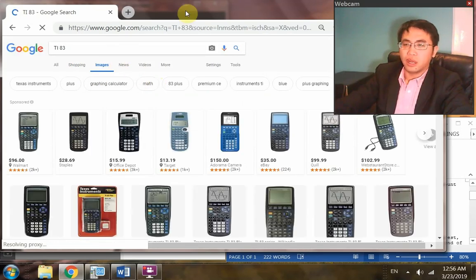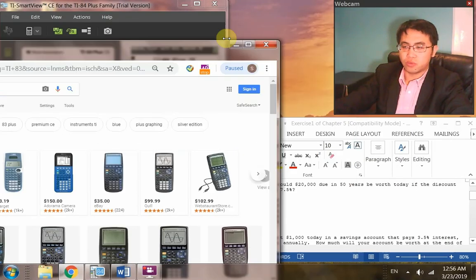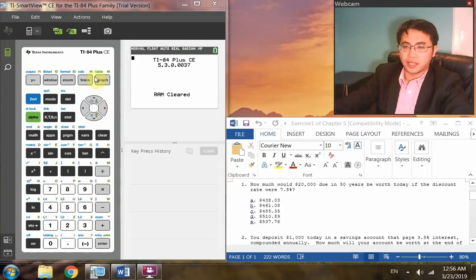You can also download the Smart View of a Texas Instruments calculator like this. Just Google TI Smart View CE for the TI-84 family, and then you will have the software. Just like me, you can use a 12-month version which lasts for 90 days, which is okay for the length of this course.